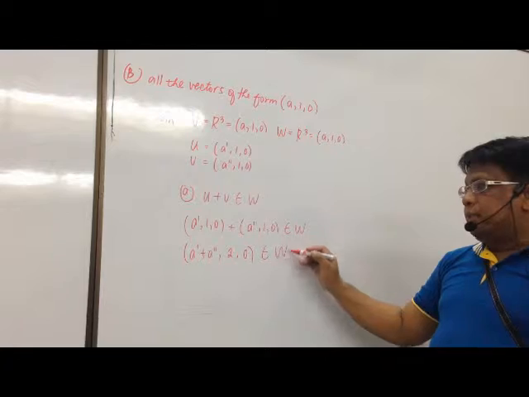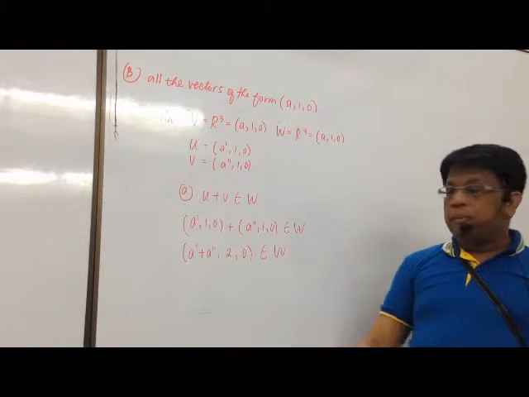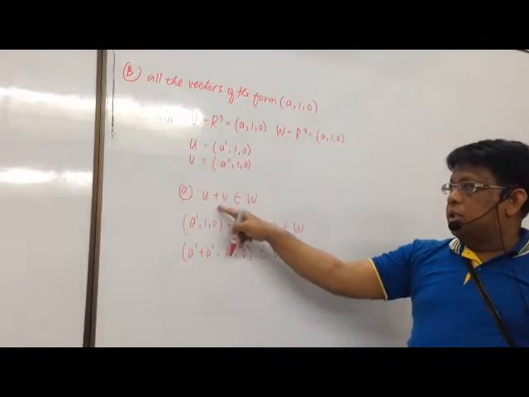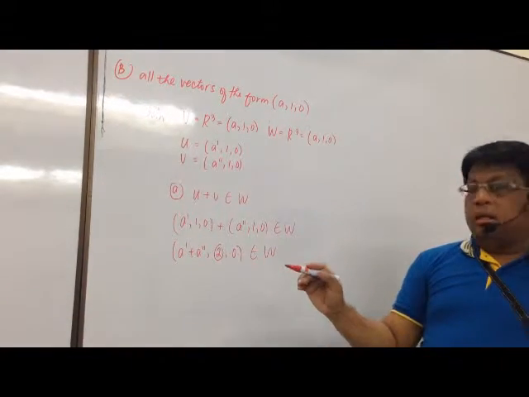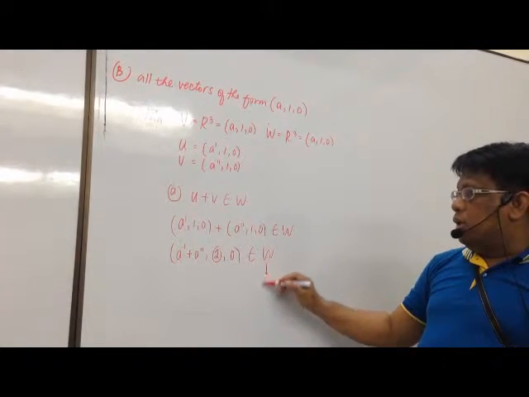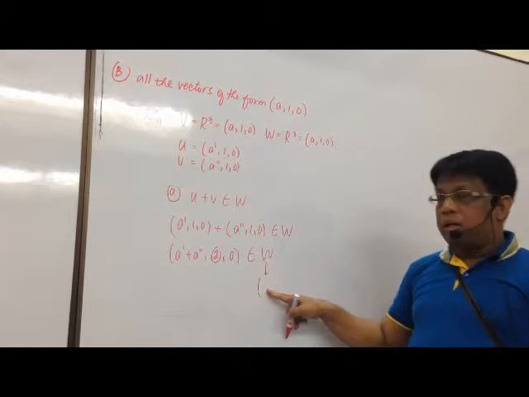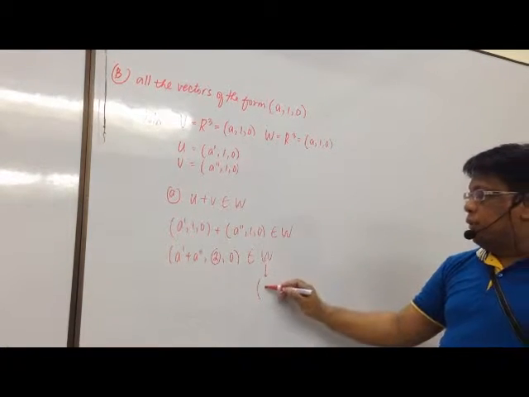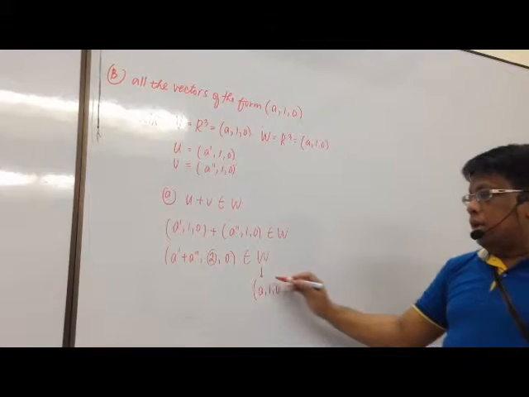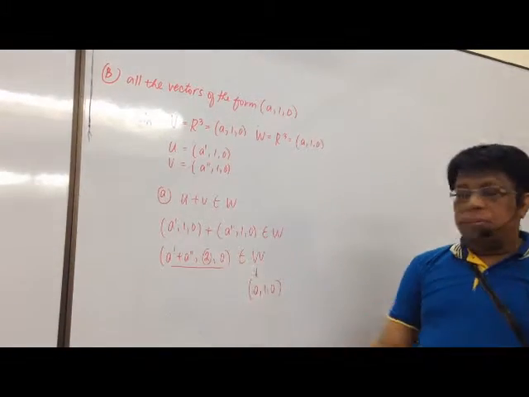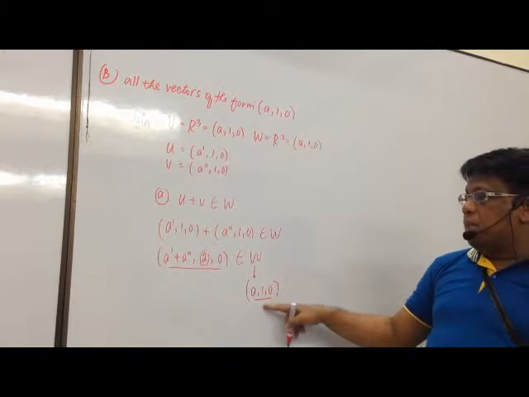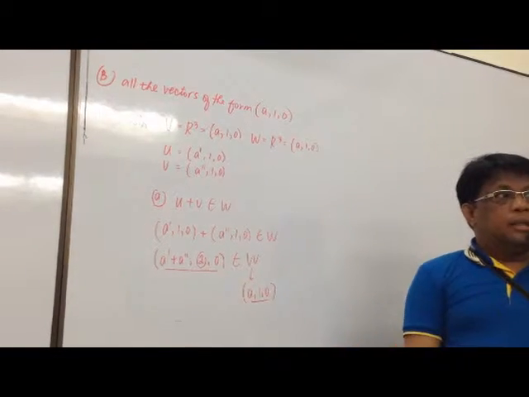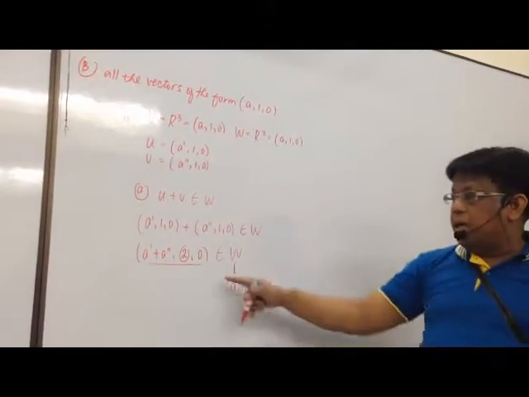Okay? Class, observe the resulting components when you add these two vectors. The middle term is 2, right? So it is not equal to the form of your W, which is A, 1, 0. Class, it has 3 components, right? Same as what we have in our W. But the middle term is not the same, right? They are not equal.